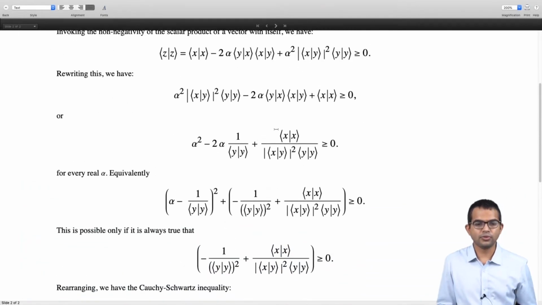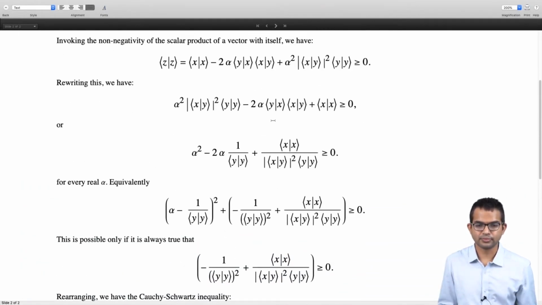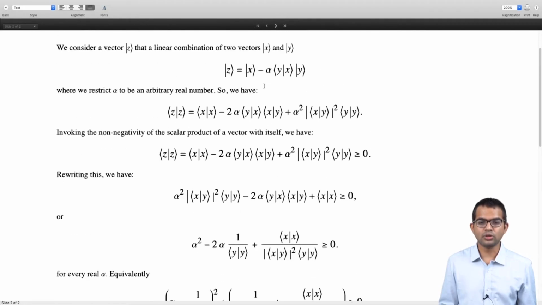You have the inner product of x with itself minus 2 times alpha times yx times xy, right? Why does this happen? You have to work through this carefully. This comes from the fact that alpha is real.